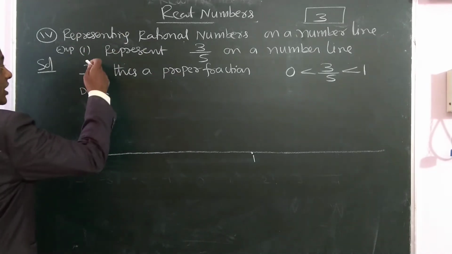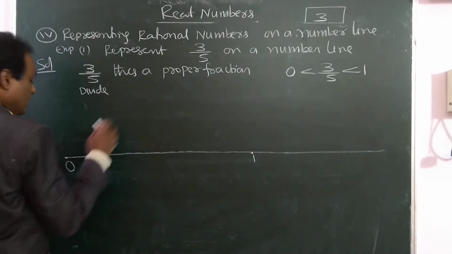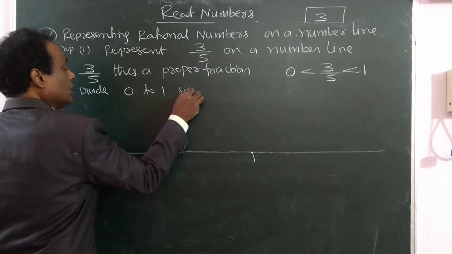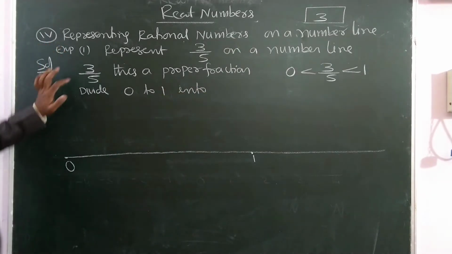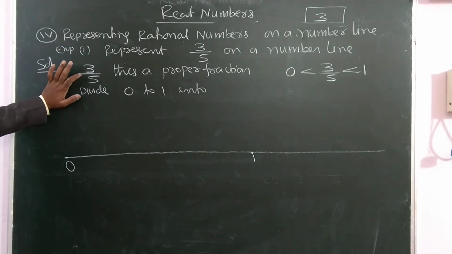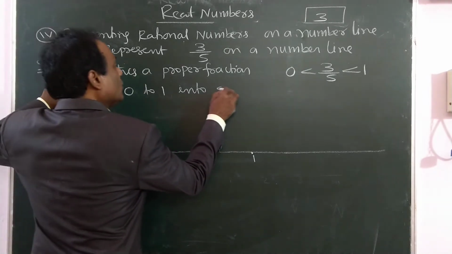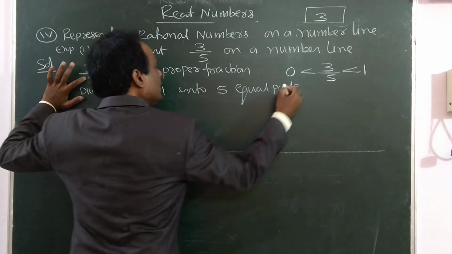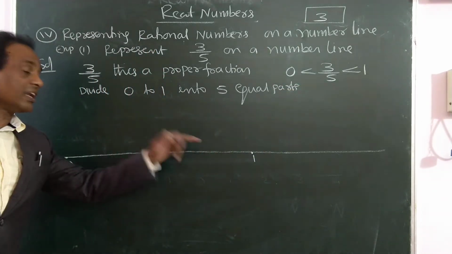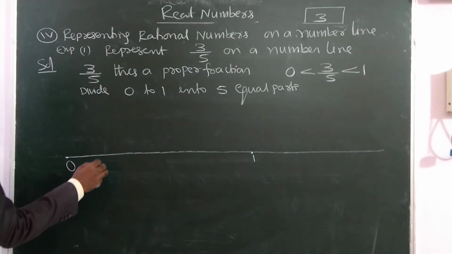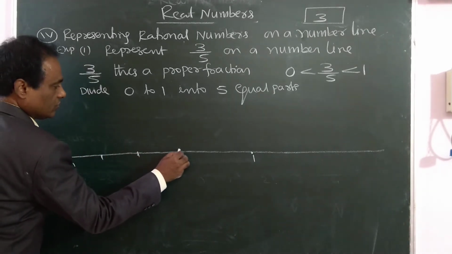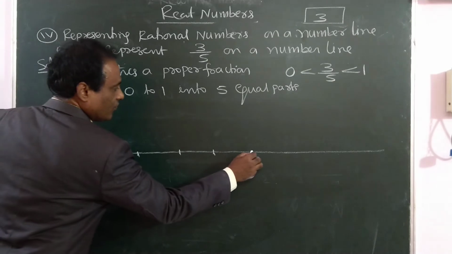Then how to write 3 by 5 here? Divide this 0 to 1 interval into 5 equal parts, as the denominator is 5. Divide 0 to 1 into how many equal parts? 5 equal parts: 1, 2, 3, 4, fifth part.